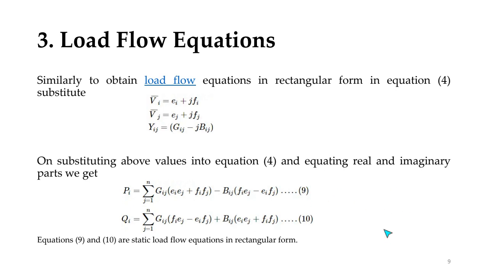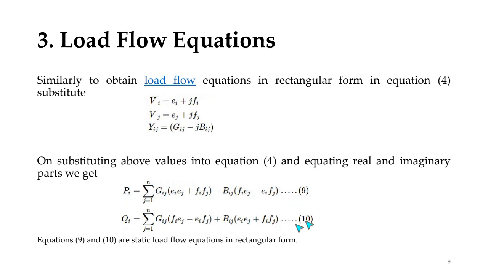So the next slide. As I mentioned in the previous lecture, sometimes the power flow equation can be represented using the rectangular form, or maybe the exponential form. So that's why they have a different equation here for Pi and Qi. Instead of the polar form, they are using a rectangular form to represent this.